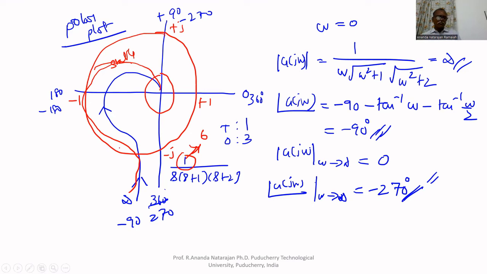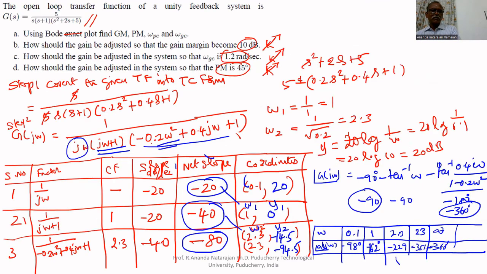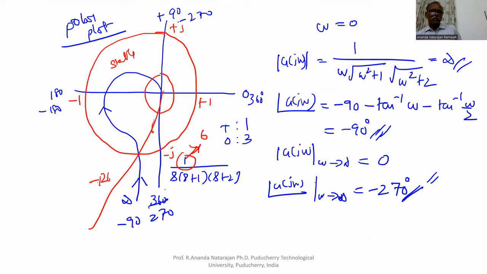In the same way, now the phase shift is at this point minus 126.5. If you increase the phase shift by another minus 53.5, this point will move along this unit circle to minus 1.